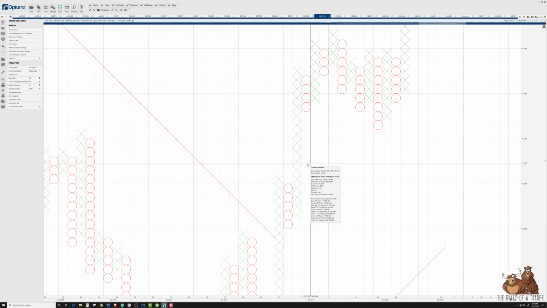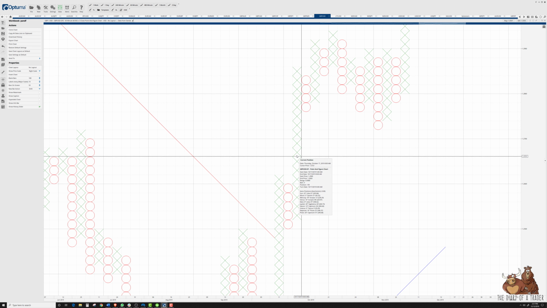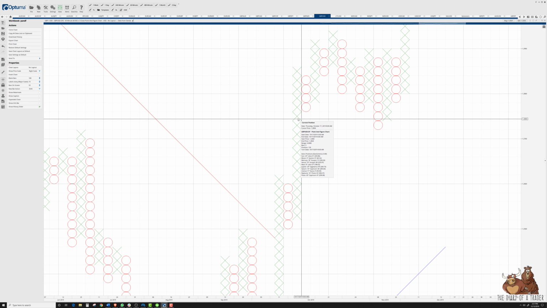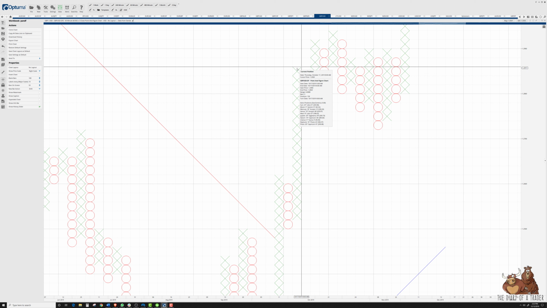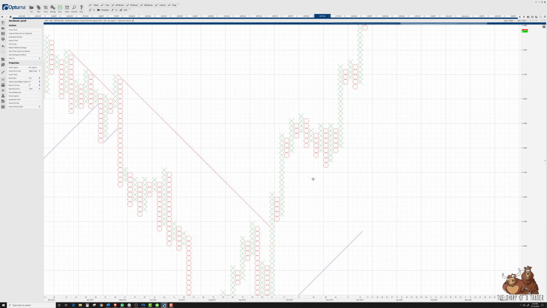Where's the entry? The next X above. So at 127 even, that would have been the entry. And that would have yielded potentially 1, 2, 3, 4, 5, 6, 7, 8, 9, 10, 11 times 20 pips is 220 pips worth of potential profit, hypothetically, all right?